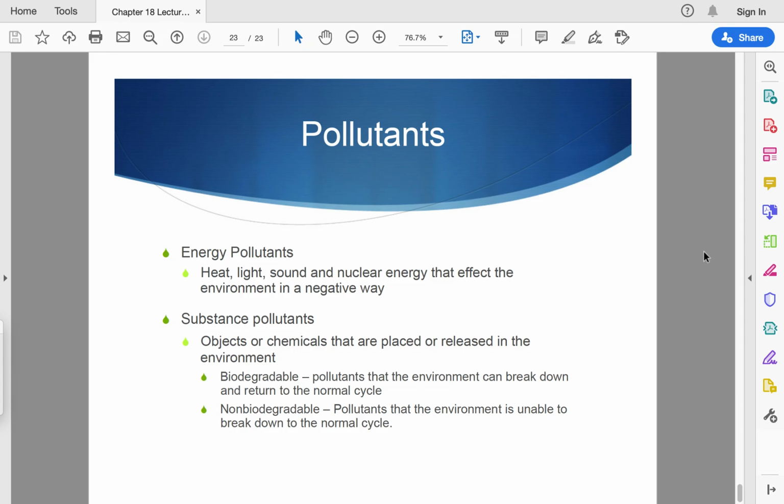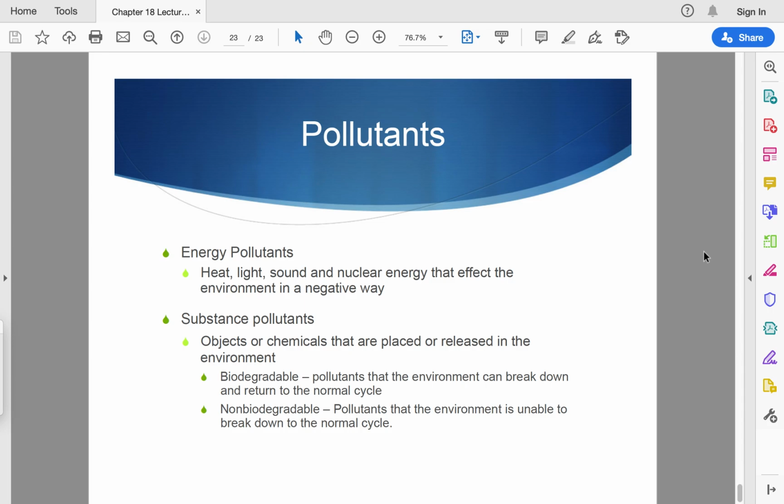The good ones, we call them biodegradable. Why? Because the environment can naturally break these down and put them into the normal cycle. So they can use them in the cycle of life, all right? Going back into the ground, giving nitrogen and other sorts of minerals into the ground.